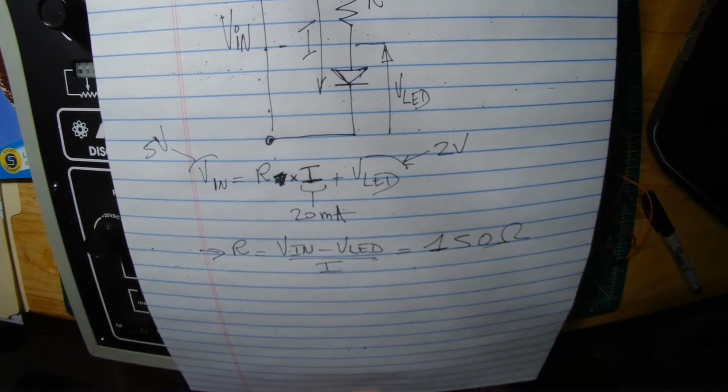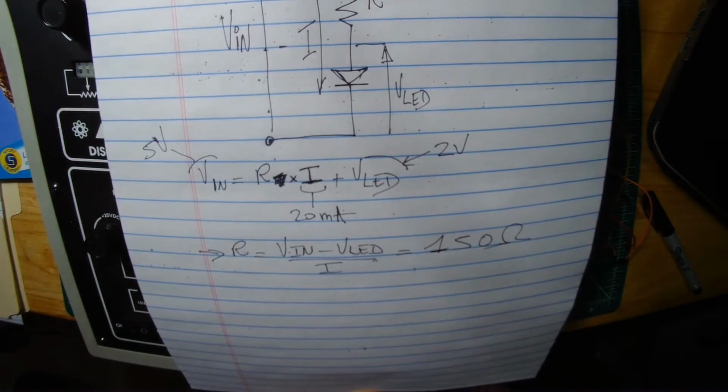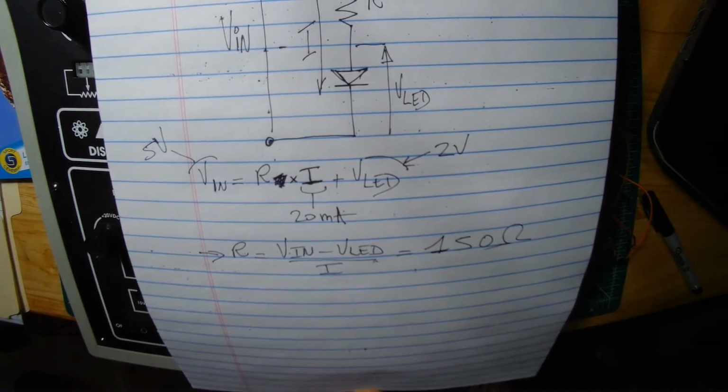In general, it's going to be around 20 milliamps. So you just plug that in. And the V LED should also be given by the manufacturer, and it depends on the color of the LED. So here I'm using 2 volts. So it's very simple math.